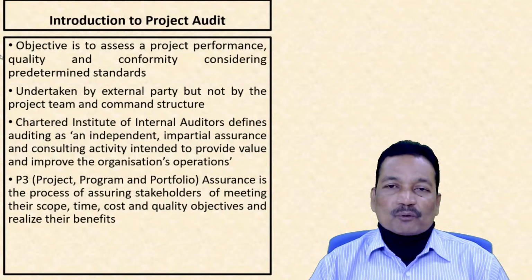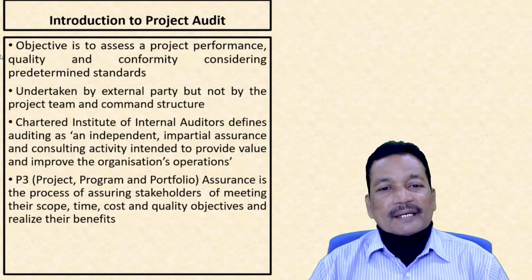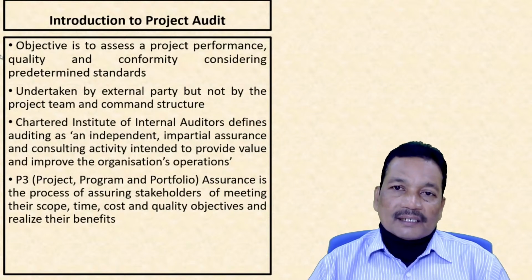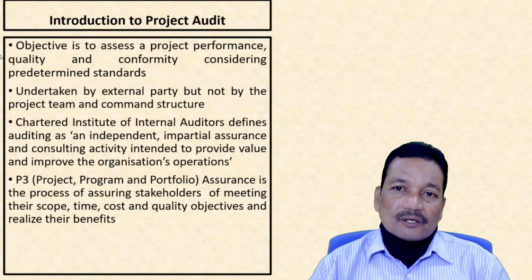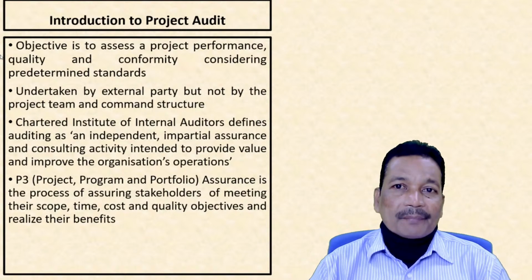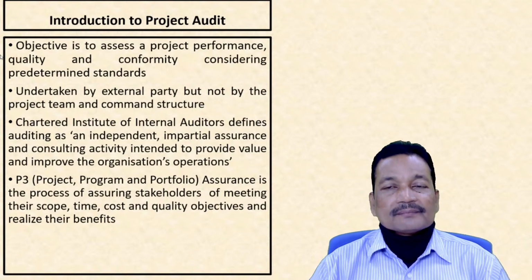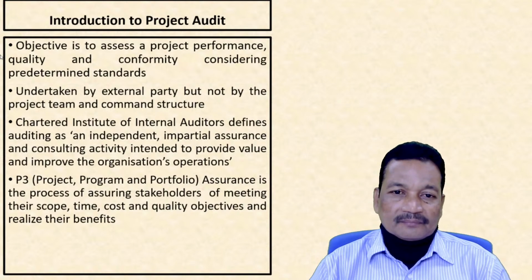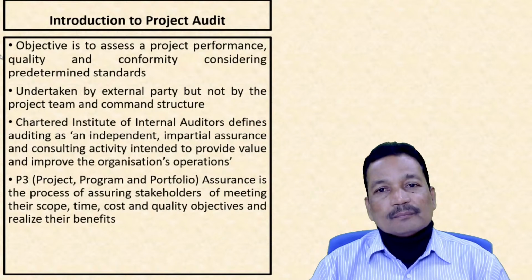Now, auditing is a process of an independent, impartial. What is it? Now a third party does it, who are not associated with the organization or the project team. Impartial assurance. Impartial, what do we mean by that? Now it should not have any kind of biasness in its assessment regarding the project's progress.